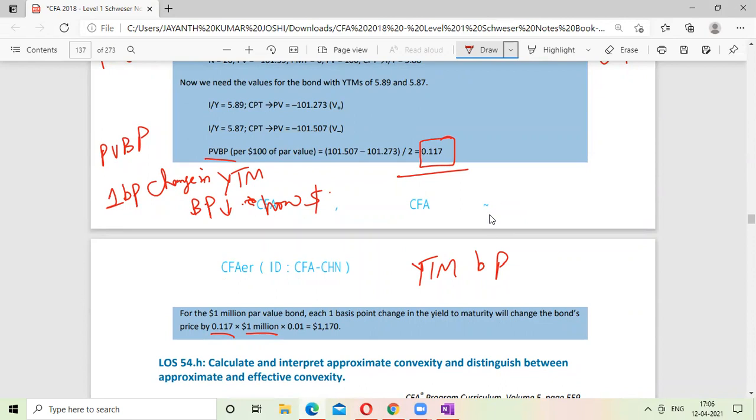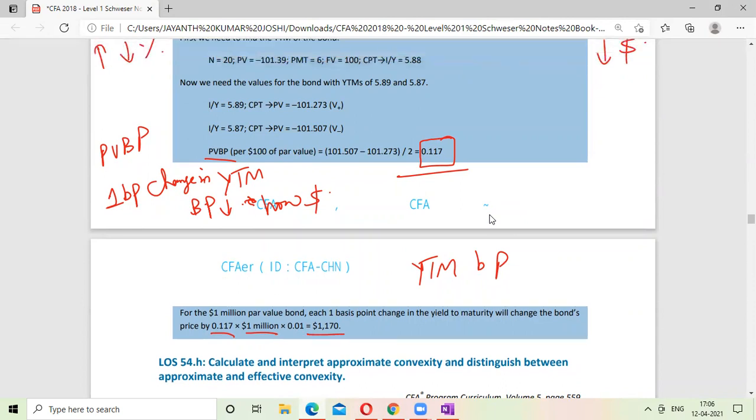Each 1 basis point change will change the bond's price to this. मतलब आपका बॉन्ड का प्राइस इतना हो जाएगा एवरेज में. ठीक है ना. दैट इज 1170.